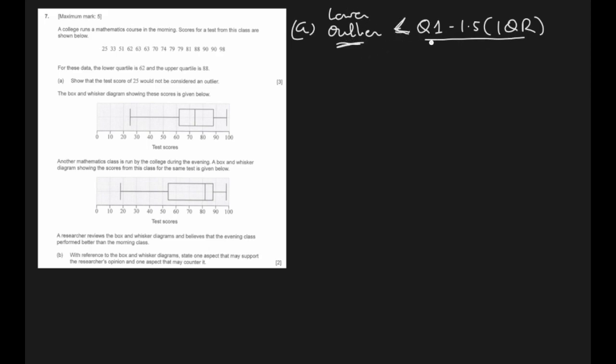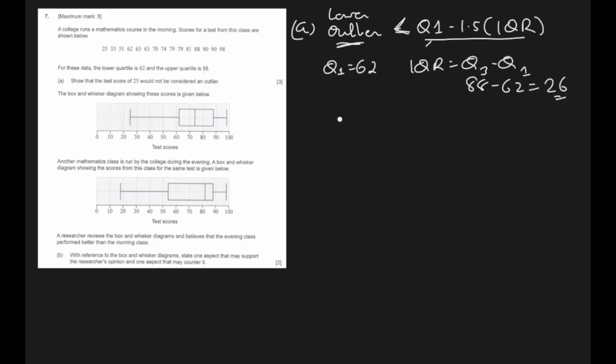So let's see, what do we get from this? Q1, they have already given lower quartile. Q1 is 62, right? IQR we'll have to find, which is Q3 minus Q1, upper quartile minus lower quartile. Upper quartile they have given as 88. So 88 minus 62, which is 26, right?